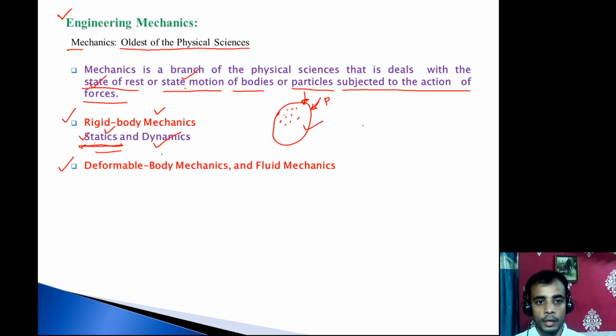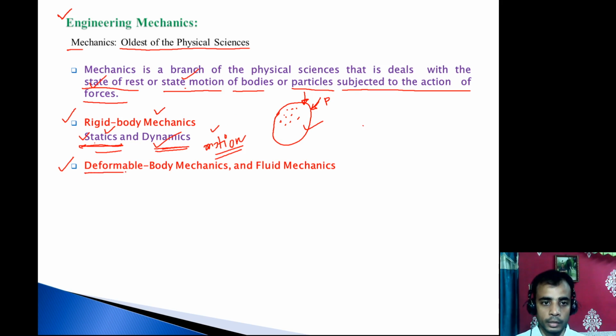And dynamics deals with the geometry of the motion, that means the motion of the body as well as the causes of this motion: forces, motion and acceleration. In dynamics we deal with the motion and acceleration of the body. Clear?